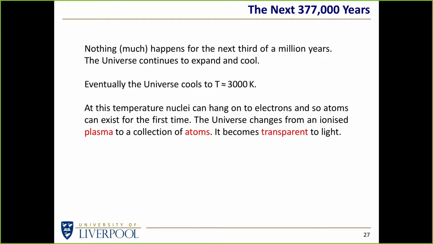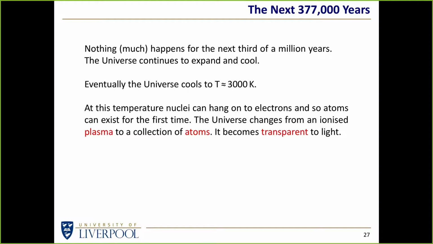That means that the universe changes from an ionized plasma. In other words, ionized means the positive nucleus and the negative electrons are separated, but now they've come together to make neutrally charged, uncharged atoms. For the first time in the history of the universe it becomes transparent.